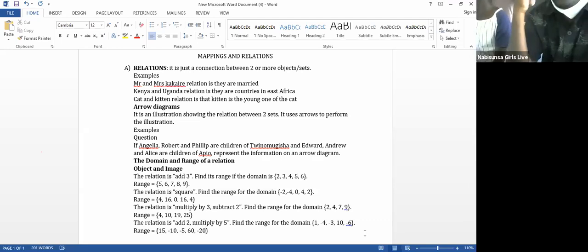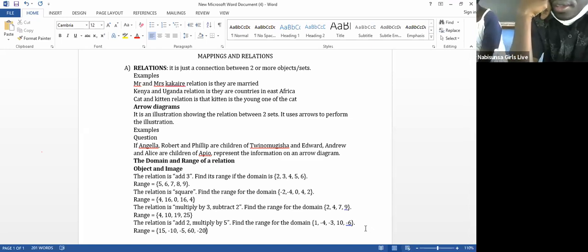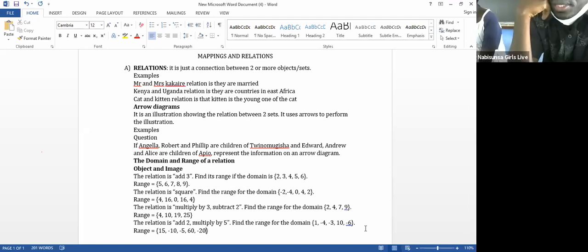There you have changed the relation. The relation is saying add the 2, multiplied by 5. So you follow the chronological order. It's a must to start from where it's beginning. That's why I said it differs with body mass. You don't follow body mass because there is a times and a plus, and body mass says multiplication first. Okay, Hannah.